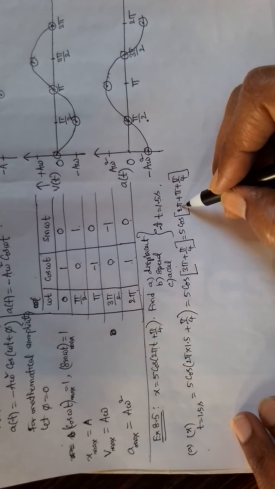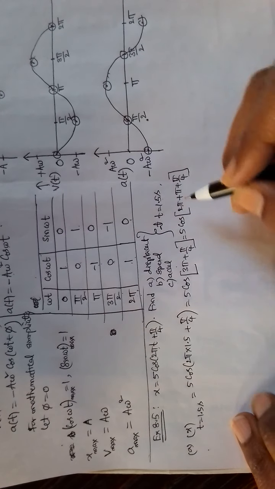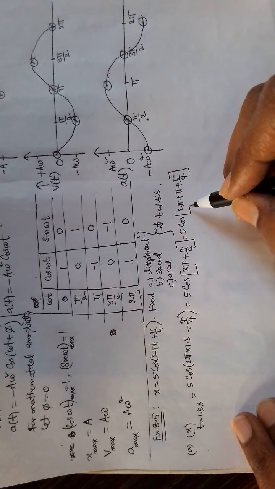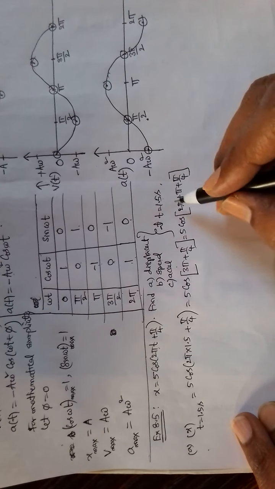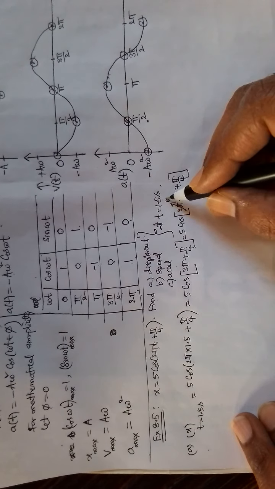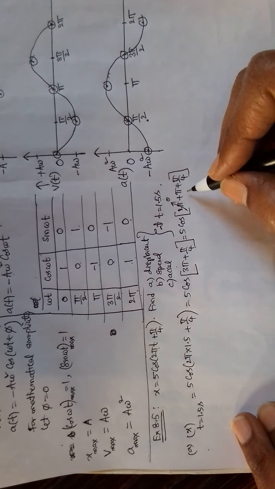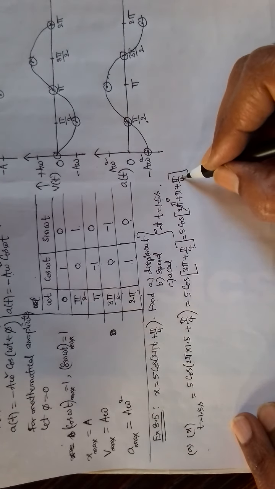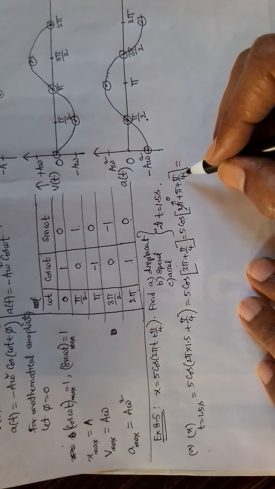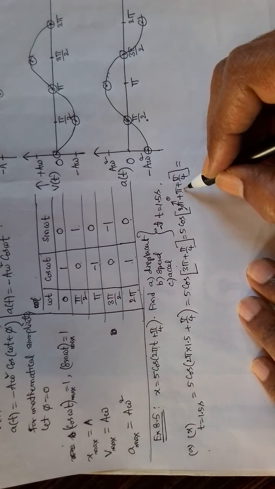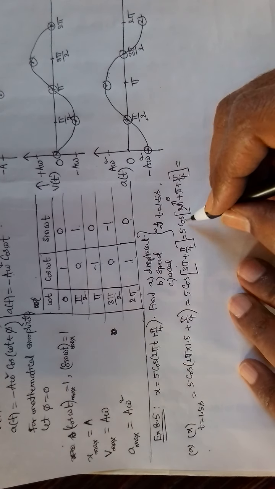See, 2 pi means 0 only, because you are completing one circle. So this is nothing but 0. So cos (pi plus pi by 4). Pi plus pi by 4 means third quadrant. In the third quadrant, cos is minus.